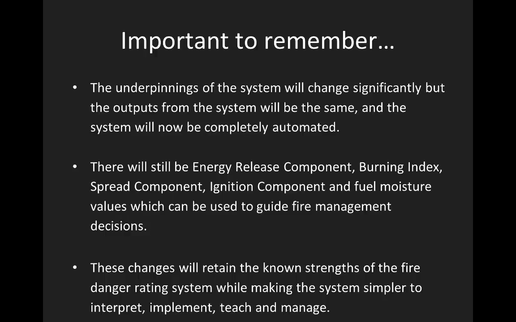No more human intervention required. There's still going to be energy release components, burning indexes, spread components, ignition components, and fuel moisture values, which can be used to guide fire management decisions. These changes will retain the known strengths of the fire danger rating system while making the system simpler to interpret, implement, teach, and manage.